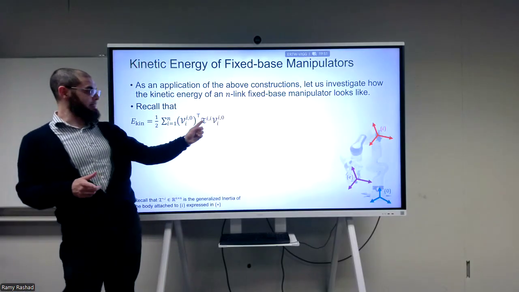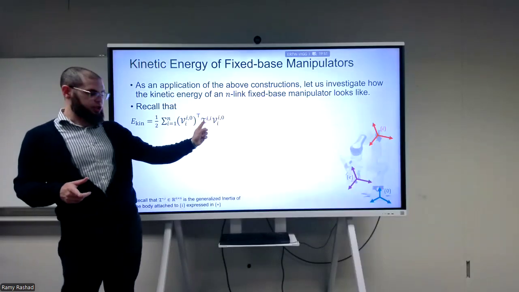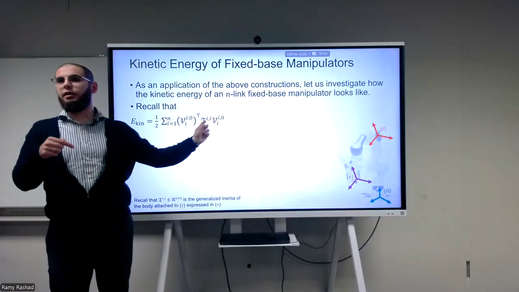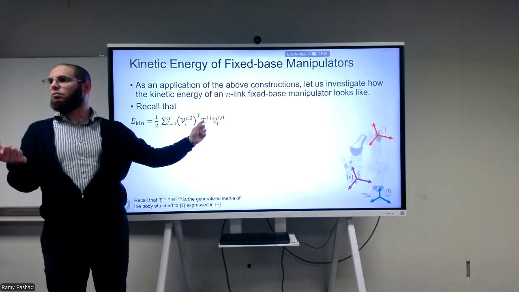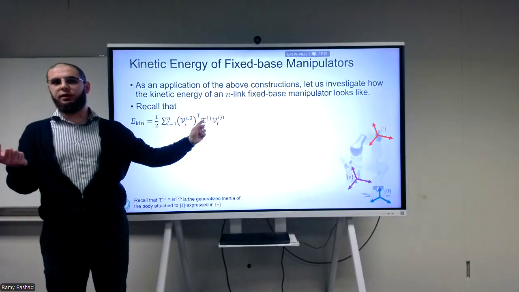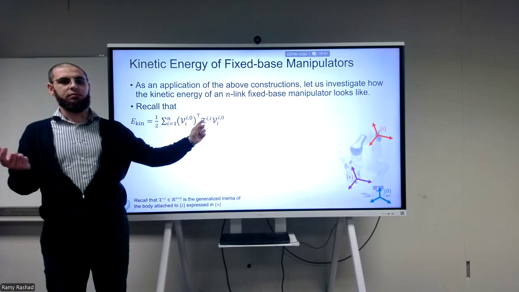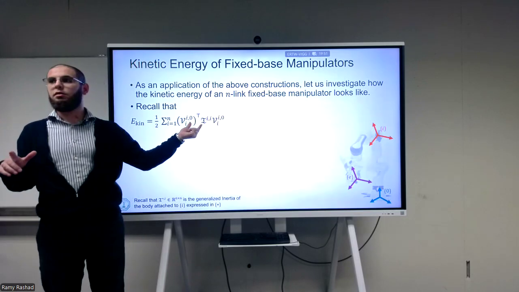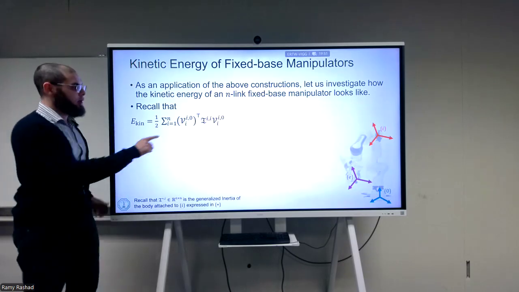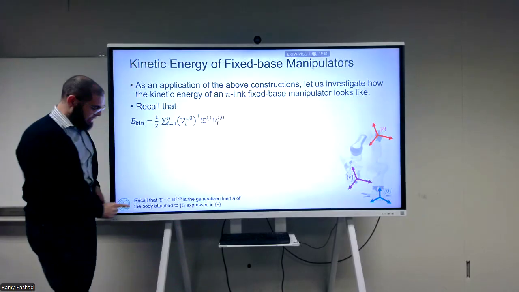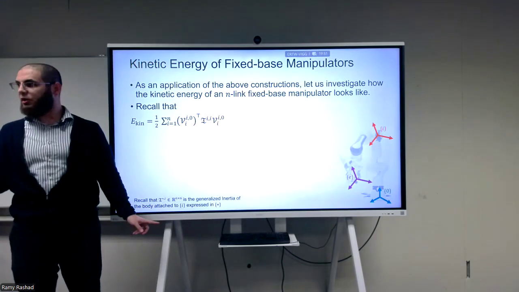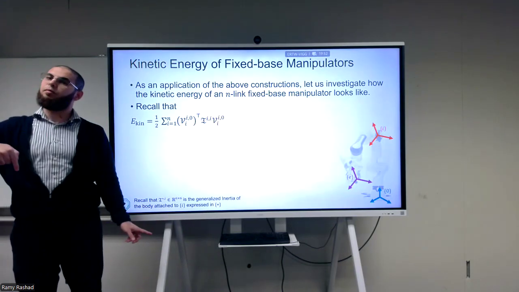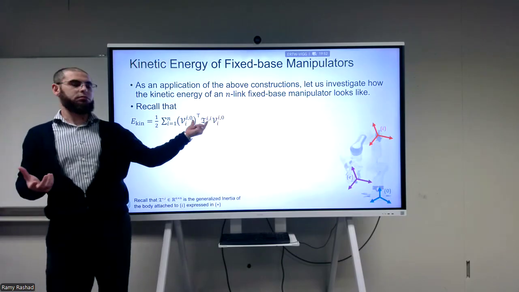Yes, we're doing this such that the generalized inertia that you see here, when we represent it in the I frame, what do we get? What was the important part about doing this? No, we're not assuming it's at the center of mass. We did not make this assumption. The question was, when we represent the generalized inertia of the ith body in the ith frame, what happens to the I?